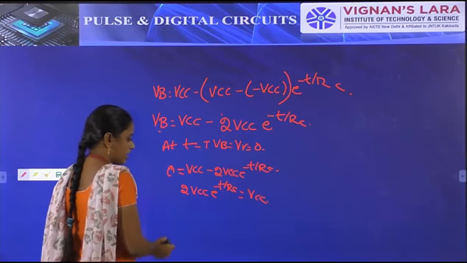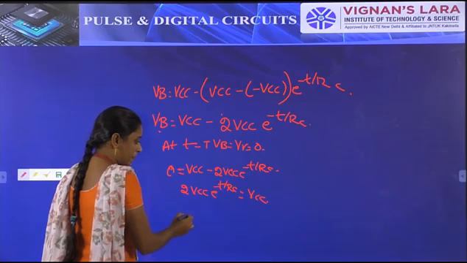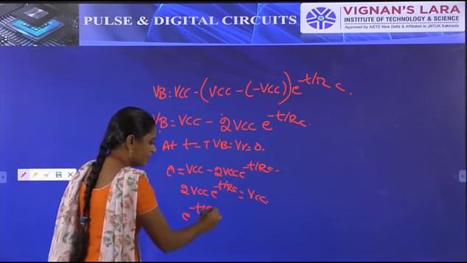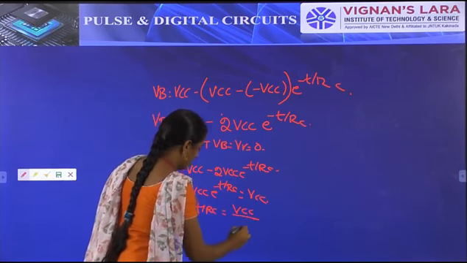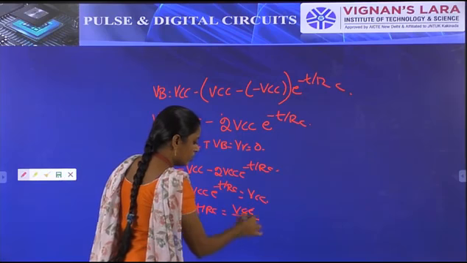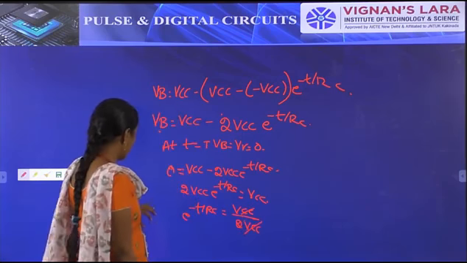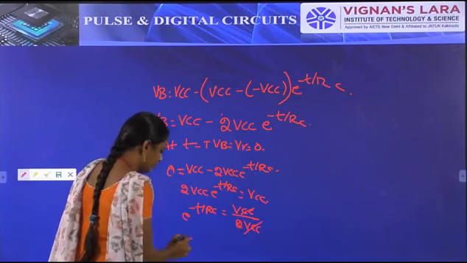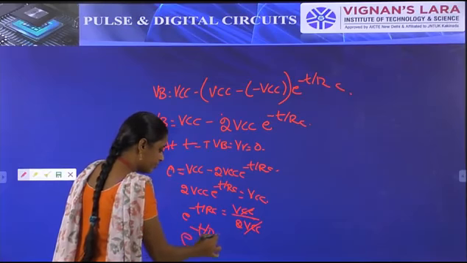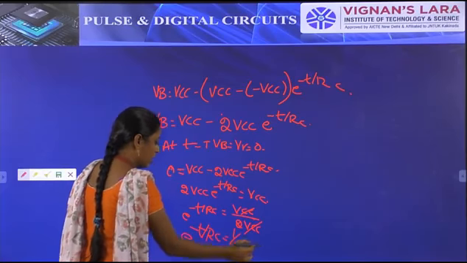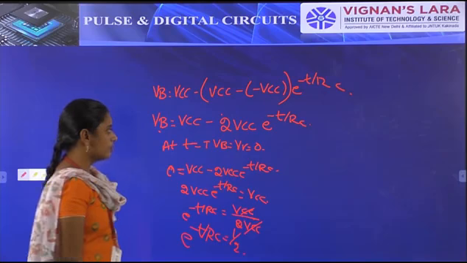So what is the e power minus t by RC? VCC by 2 VCC, both will be cancelled, and e power minus t by RC is equal to 1 by 2.